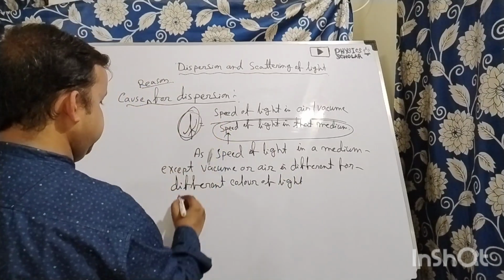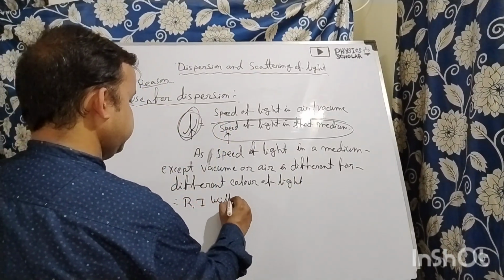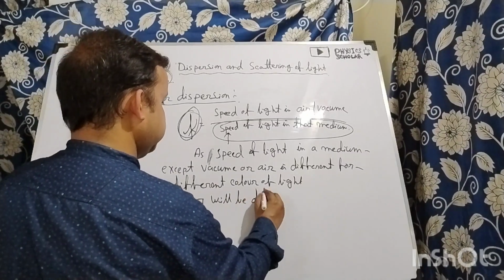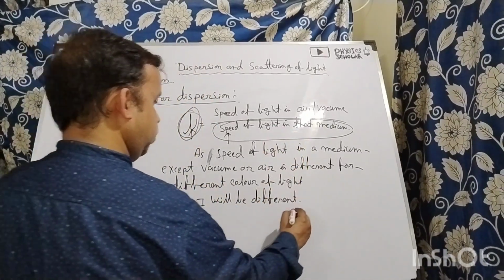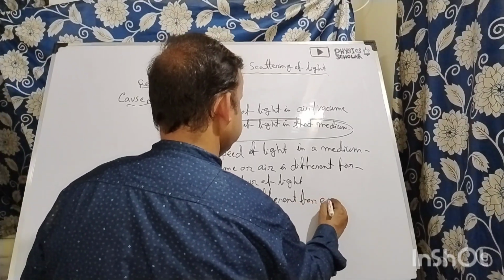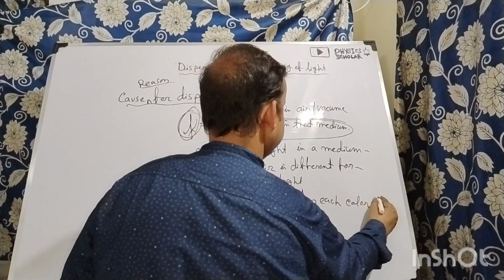So the refractive index will be different for each color of light.